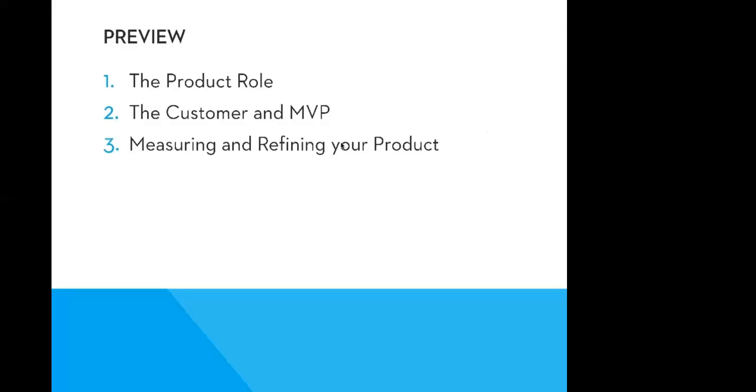So, just a quick preview. We'll just go through some of these slides. Understanding the product role, understanding your customer, building an MVP, and how to measure and refine your product. These are all things that you are required to do as a product manager.